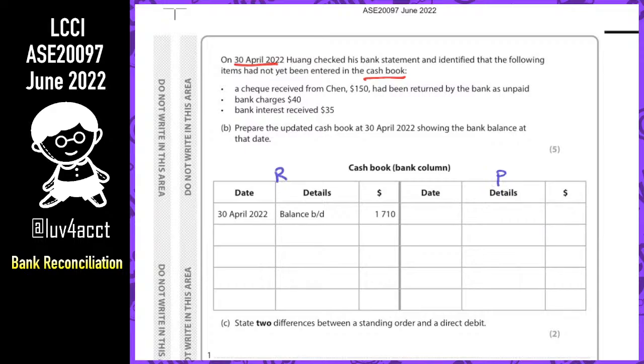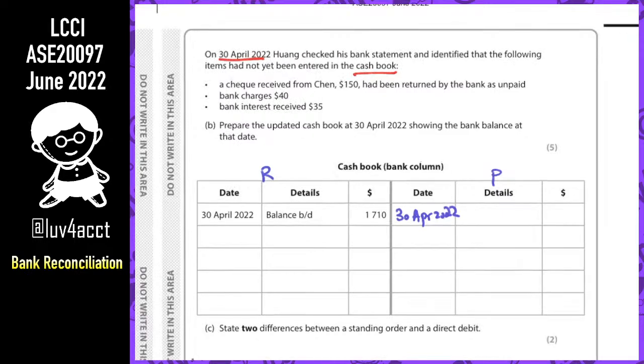So 30th April, year 2022, dishonored check, 150. It is a payment because it is a contra item to the receipt that we have earlier.